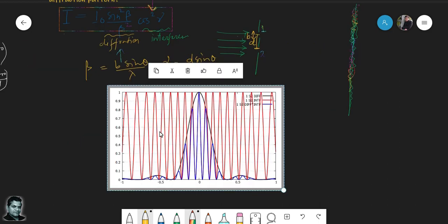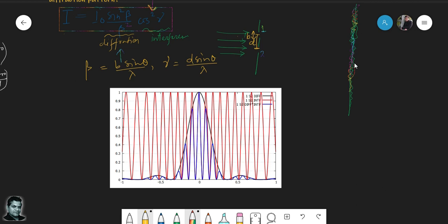Now graphically, if you look at the intensity pattern that you would see here on the screen, let's say this is S. Here the pattern over the screen due to these two slits would look like this blue curve. If you look carefully, this black curve is actually the envelope of the blue curve, and this envelope looks like the diffraction pattern due to just one single slit.